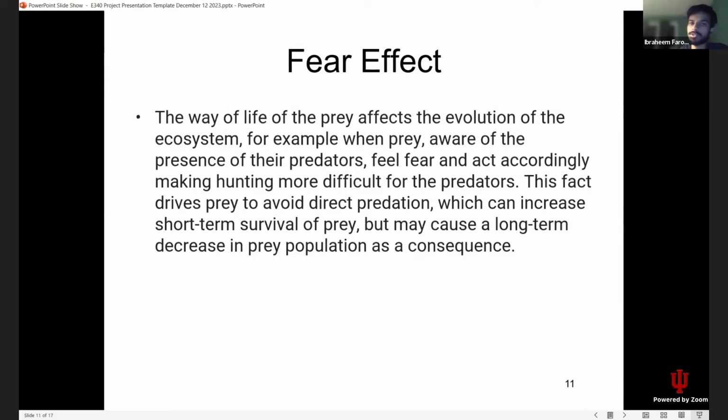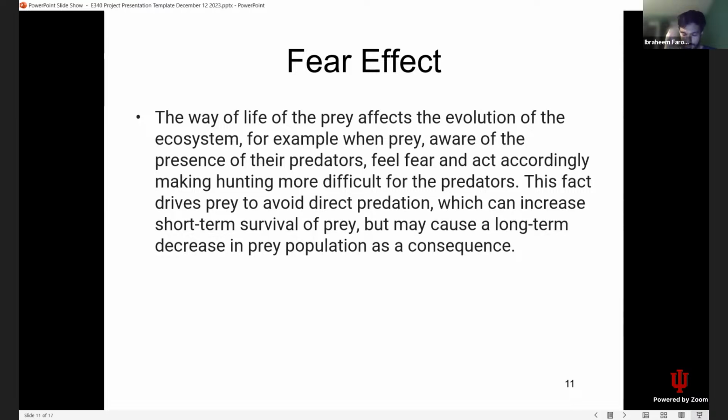The next one that we wanted to look at was the fear effect. The fear effect is a way to simulate how prey experience fear towards predators. And therefore, if they experience fear, they will actively try and avoid them.